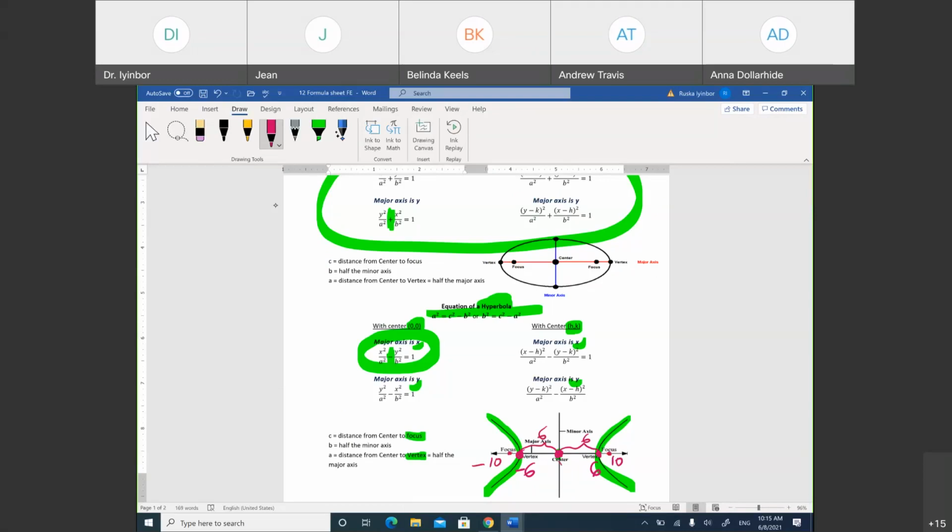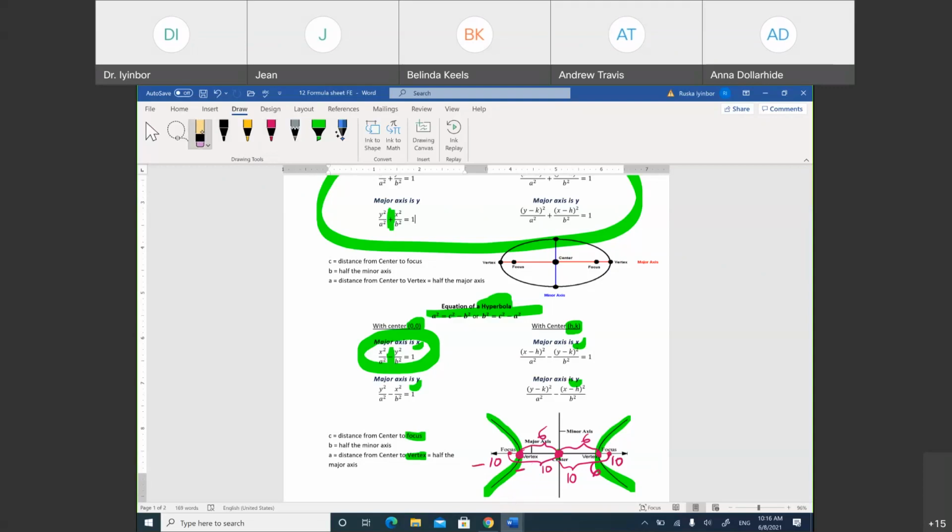The distance is always positive. Remember, A, B, C are always positive numbers. And there are two of those: one vertex on the left side and one on the right, one focus on the left side of the center and another on the right side. Everybody get that?